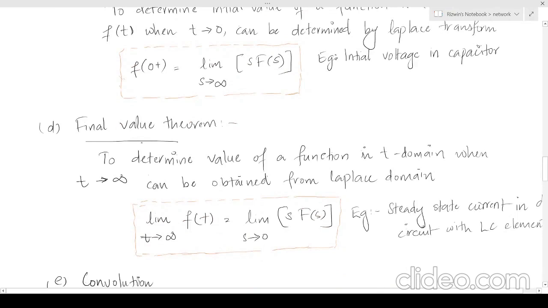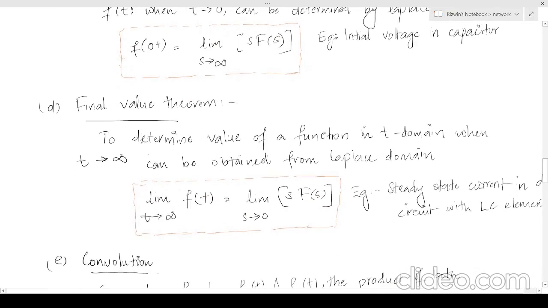Now, the final value theorem: as I already stated, you want to find the current in an RL circuit when t is equal to infinity. When the system has attained a steady state, that is called the steady state, we have to find the value of the current.